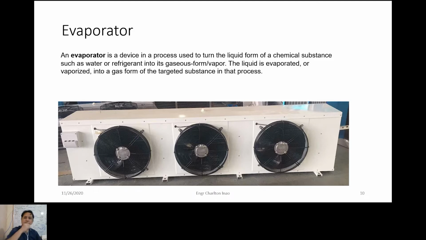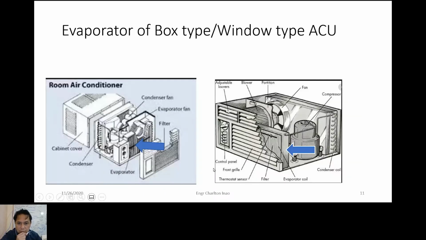Okay na? So this is the evaporator. I would like to show you the different forms. If you are in the cold room, in factories, in electronics plants, you might see this kind of evaporator. But if you are in a residential area, for example in your house or your neighbor's house, I would like to ask you, what is the kind of air conditioning unit?